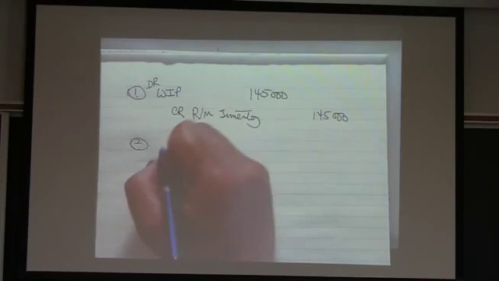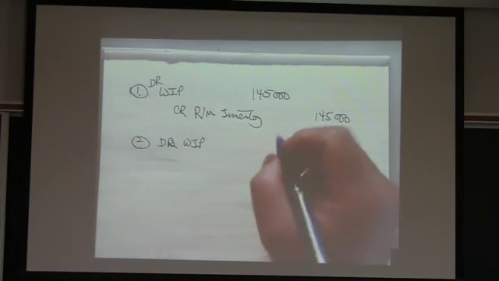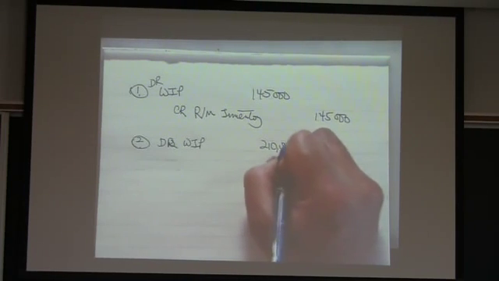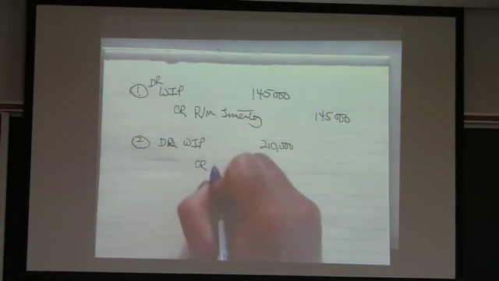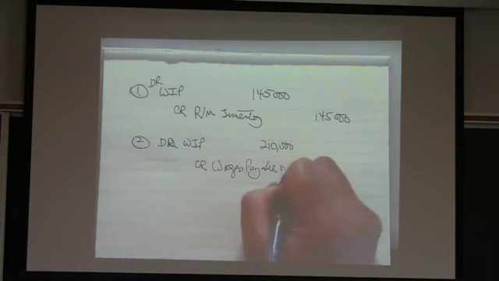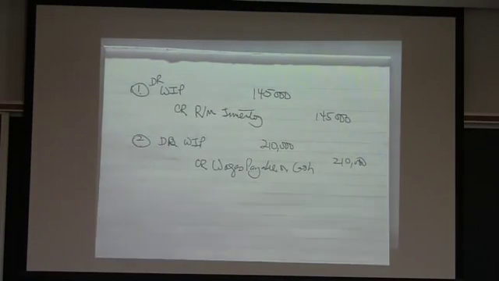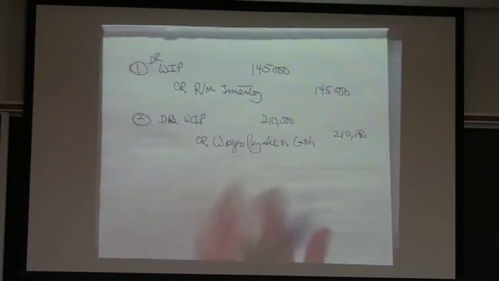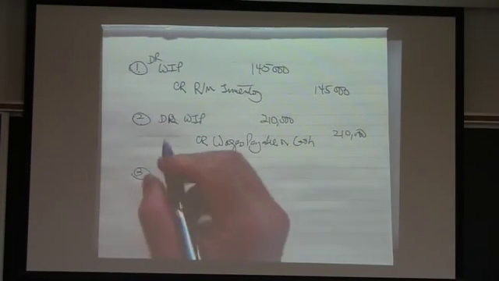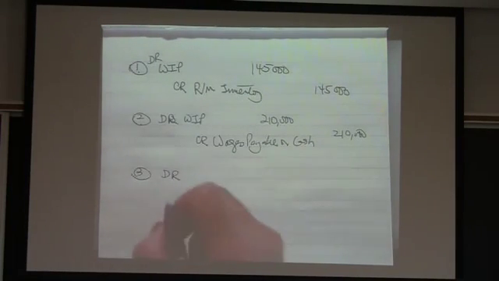Second, we need to debit work in progress. In this case, the labor cost, and credit either wages payable or cash. Okay, and that's the 210 right here. Now, for the overhead, we're going to debit actuals. So this is the actuals, right?